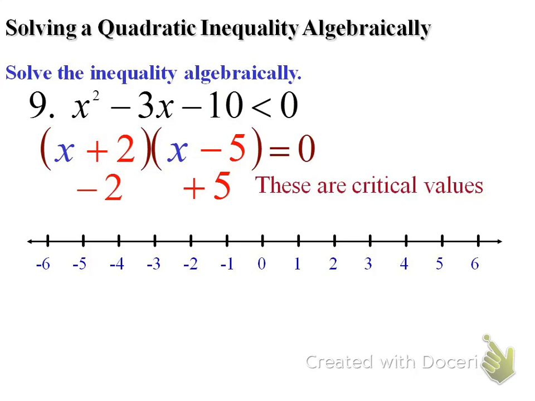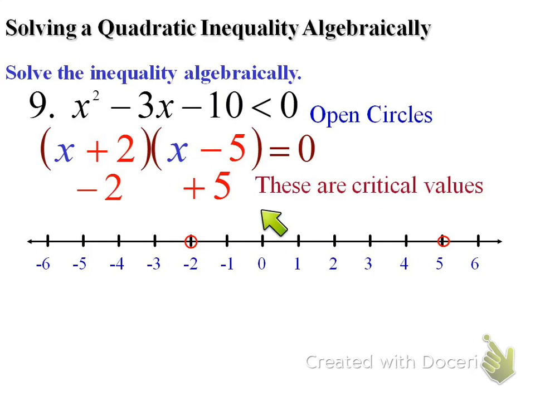So on the number line, I would graph the negative 2 and the positive 5. Now, we are looking for where is this less than 0. So we can test a point over in this value and decide if it's less than 0.